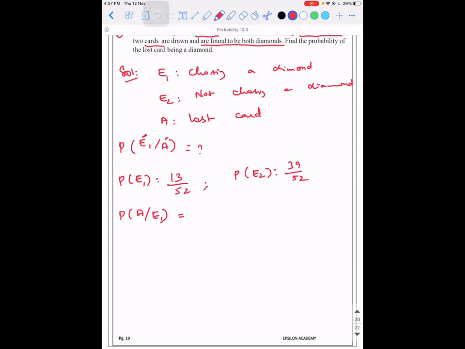That's not the case. So okay, let's take 1 by 13. Then what is the probability of A given E2 according to you? 39 by 51.